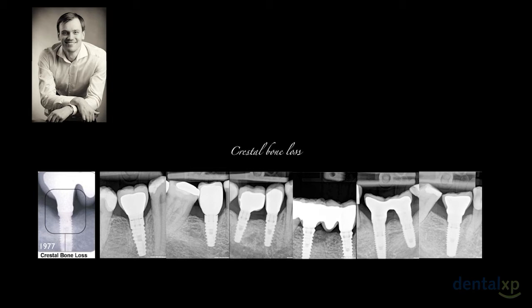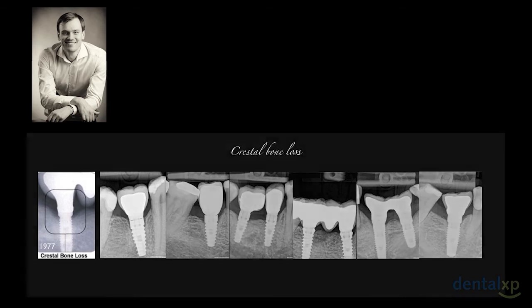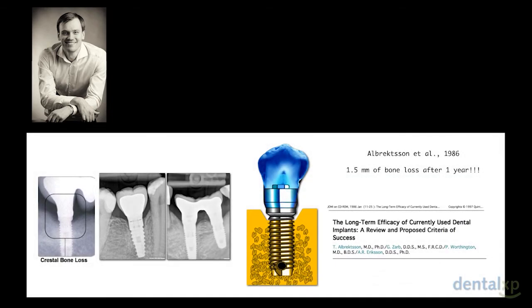Implants have changed dramatically. New surfaces, new materials. Our prosthetics also changed dramatically compared to 14 years ago. But look, actually we still have crestal bone loss. We're still losing the bone, and this problem actually is not solved even after 40 years of innovations.